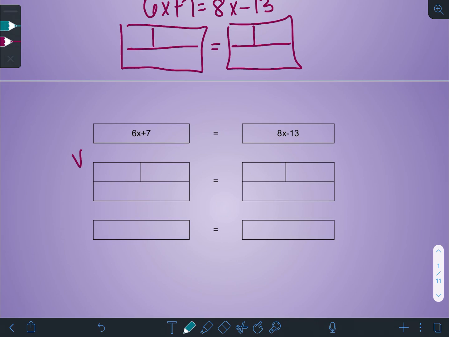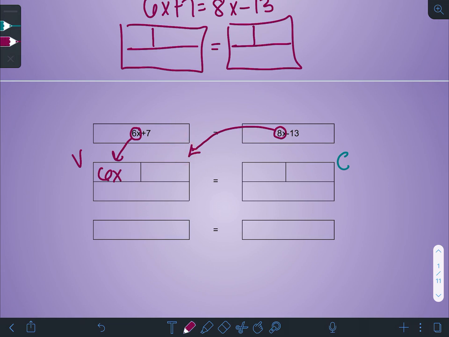So if I have variables on one side and constants on the other side, I'm going to collect my variables on one side. I have this 6x that I'm just going to drop down. And then I have this 8x over here that I'm wanting to bring to the opposite side of my equation. Notice it is on the right-hand side and I'm wanting to bring it to the opposite side.